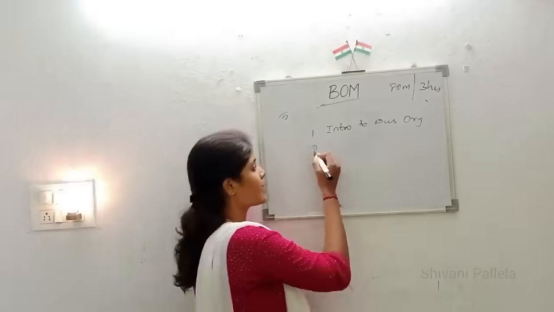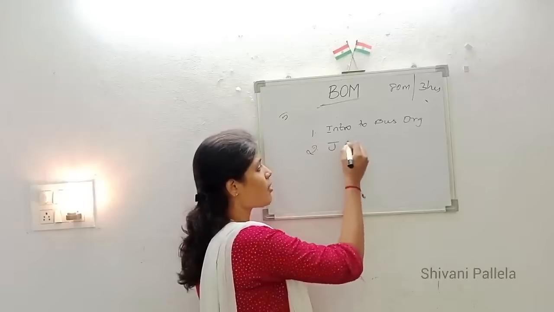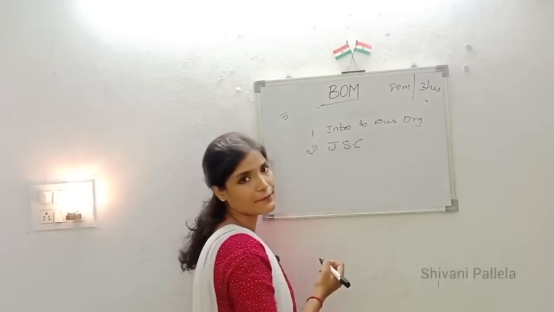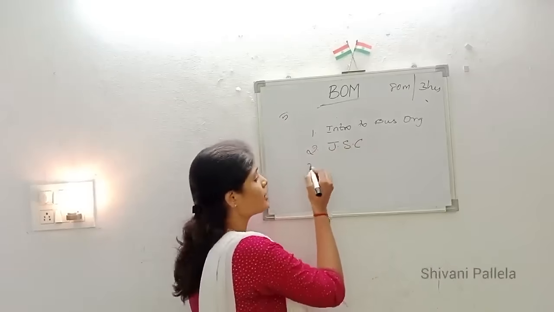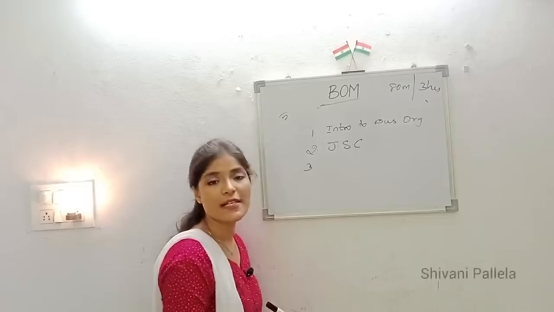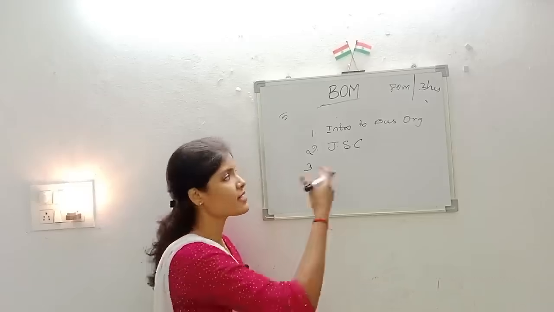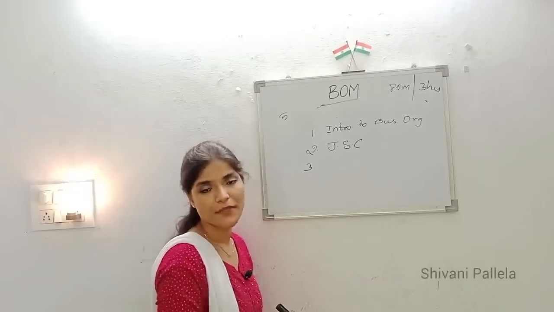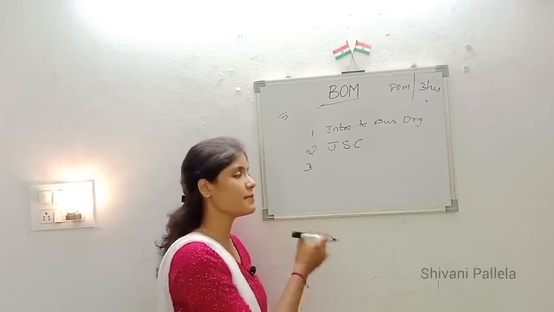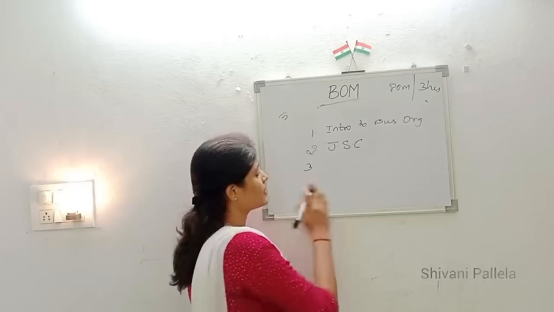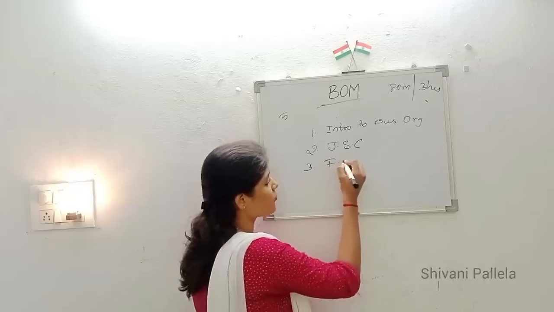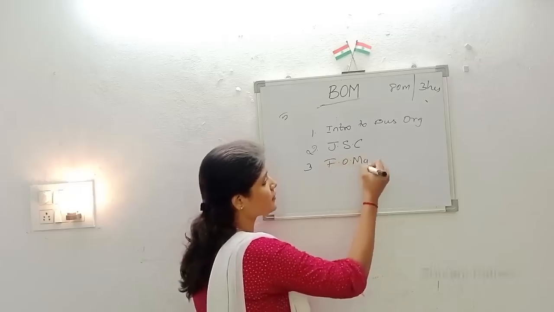Okay, so the second unit is joint stock company. If you are from a CEC background in intermediate, this subject will be very easy, because those topics are only repeating in first year. In the third unit, functions of management.